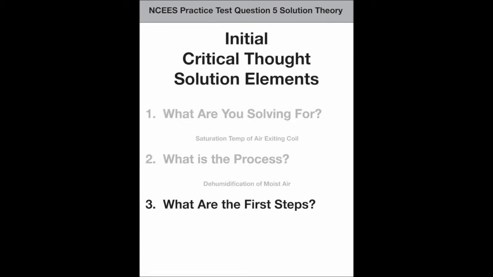3. What are the first considerations to find the solution in connection to the fundamental process? The dehumidification process removes mass of H2O, so you should initially look for mass flow indicators. None are given in the problem, but there are volumetric flow values.